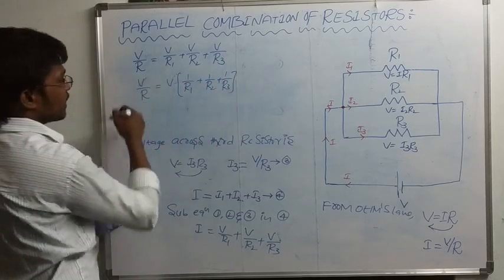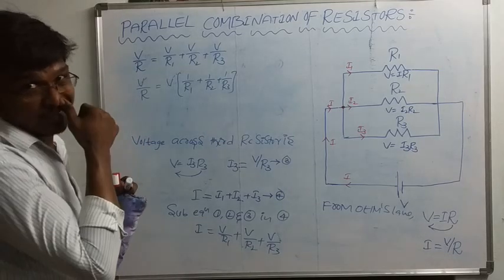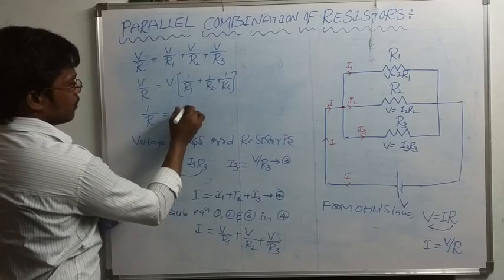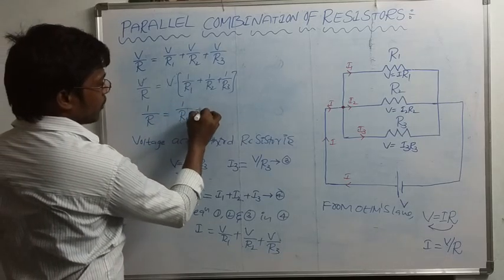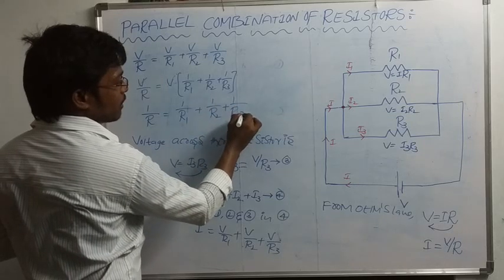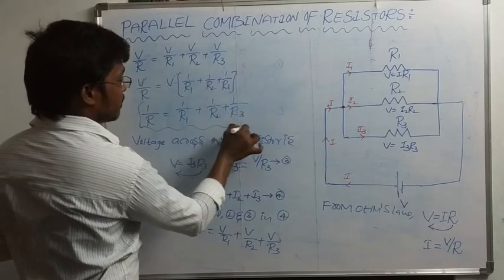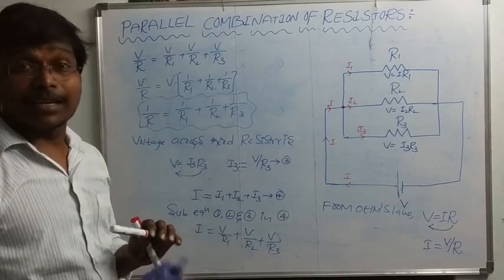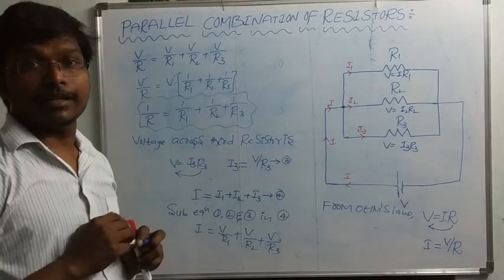Here V cancels. What is remaining? 1 by R is equal to 1 by R1 plus 1 by R2 plus 1 by R3. This is the final expression for resistors connected in a parallel format.